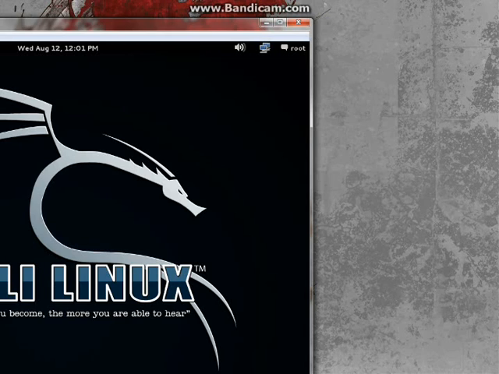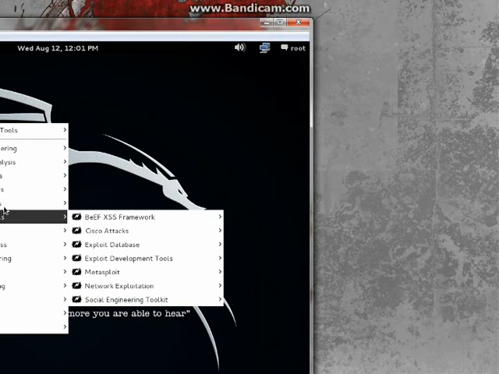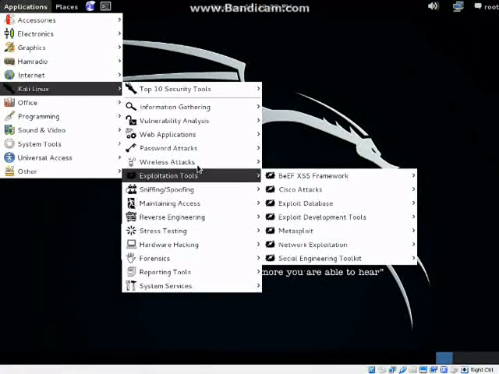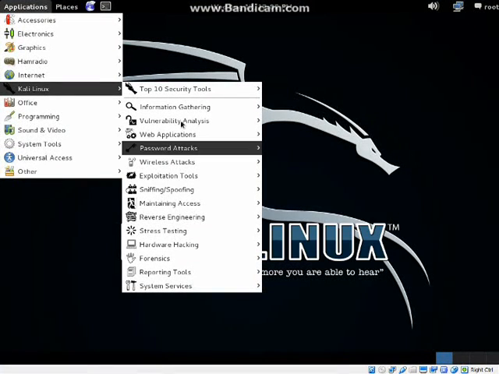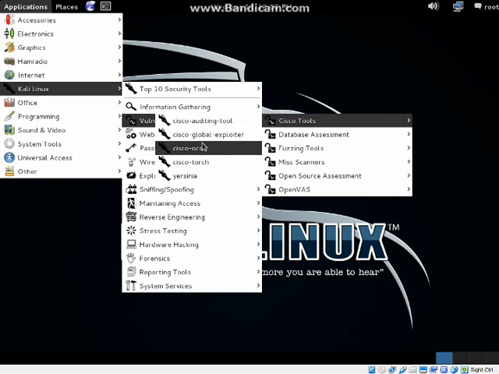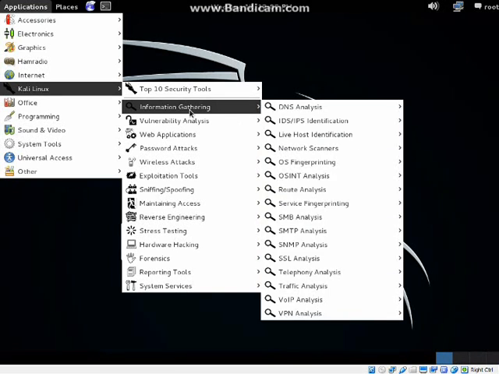So browser run applications. We have security tools. If I can show you it. We have exploitation tools, vulnerability analysis. We got some Cisco tools, which has the global exploiter, and the information gathering, like the DNS analysis, network scanners, voice over IP analysis, which is VoIP.